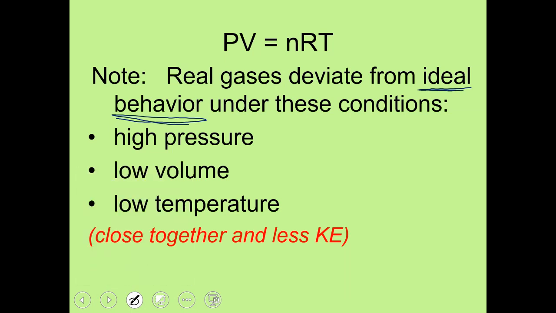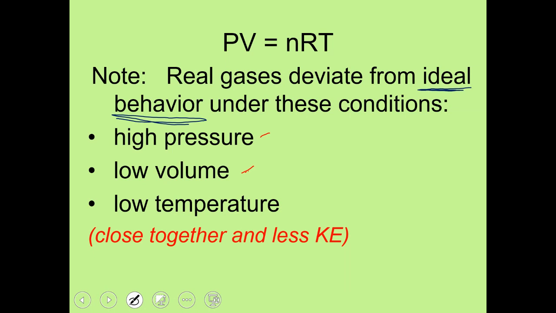Some of those conditions would be if they're in a really low volume at a high pressure, then the particles are really close together. Usually they're nonpolar substances or not that polar, and with the great distance between particles, they don't usually attract each other.